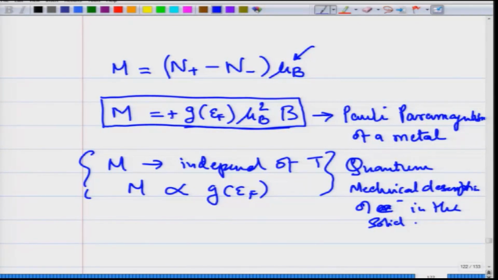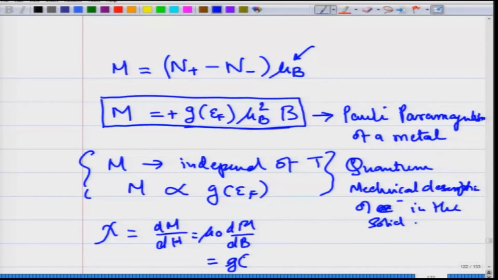The magnetization is positive, okay, and if you wish, you can also find the susceptibility, which is dm by dh, which is mu naught dm by db, and this will give you the susceptibility of a paramagnetic metal, which will be mu naught, the permeability, into Bohr magneton square, okay. This will be your Pauli paramagnetic susceptibility.